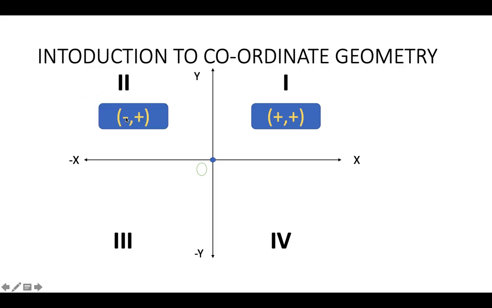In the second quadrant, x is negative and y is positive. In the third quadrant, both coordinates are negative, whereas in the fourth quadrant, x is positive and y is negative.